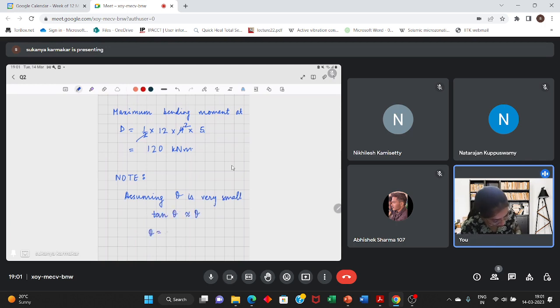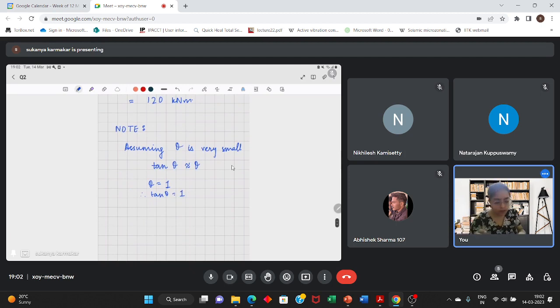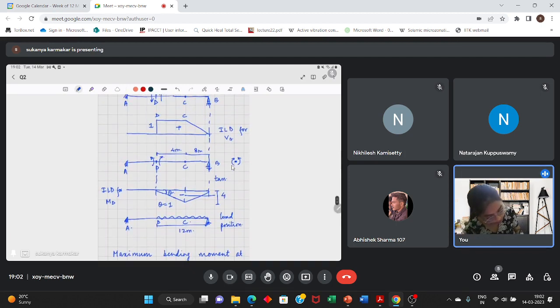Now theta is equal to 1, therefore tan theta is equal to 1. From there, you can conclude that if this is 4 meters, then even this height will be 4 meters. So please keep this in mind.